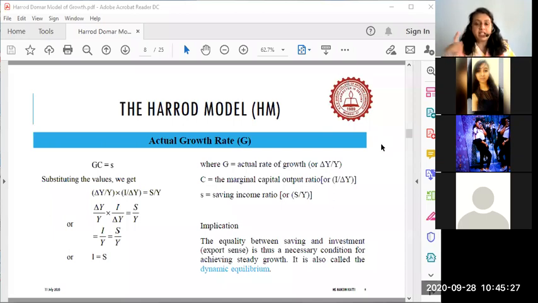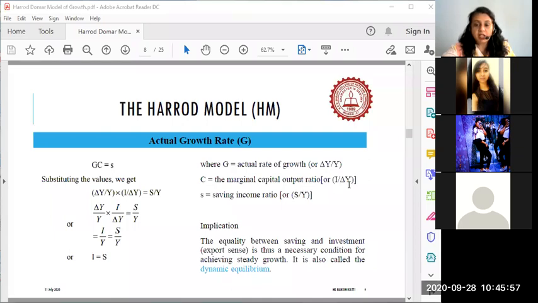So very quickly now, class, I hope you will answer with me. G is what? Actual rate of growth, which is delta y upon y. C is marginal capital output ratio, which is I upon delta y.